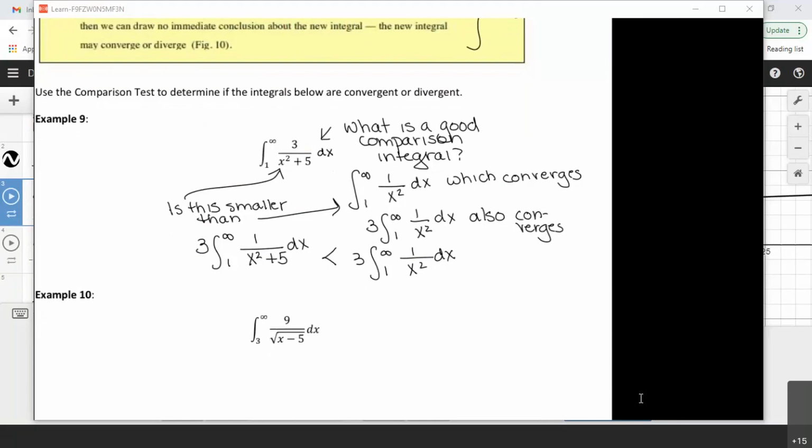Why is the integral on the left smaller? How can I put this in here? Can anybody see what makes this function smaller than that one? Anybody at all? Take a look at the denominators.